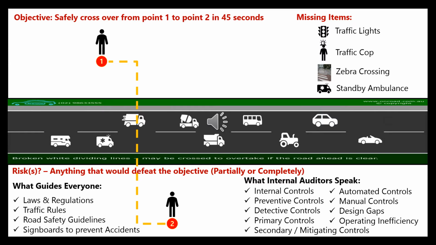Now, if the traffic cop is there, but he's not doing his duty, or he's not coming there on a fixed frequency, or if he's there, but he's not ensuring adherence to laws and regulations, that is an operating inefficiency. Right? So that scenario covers basically the overall concept of internal controls, or let's say the preventive and detective controls and some of the automated and manual controls.